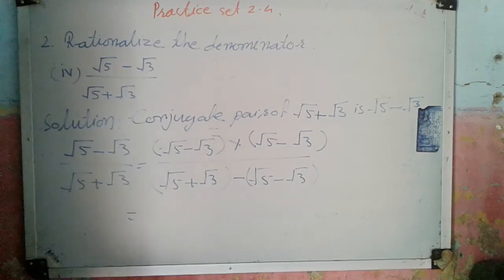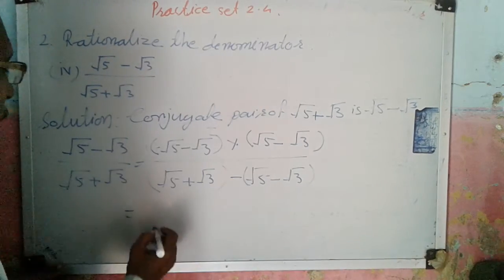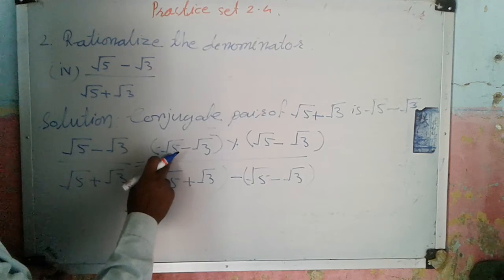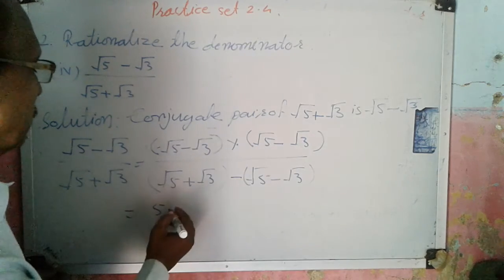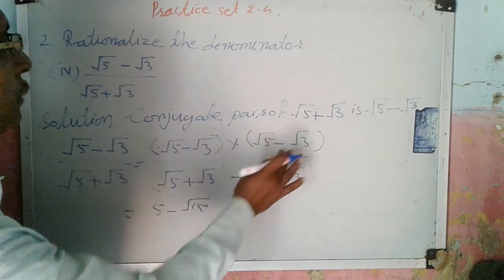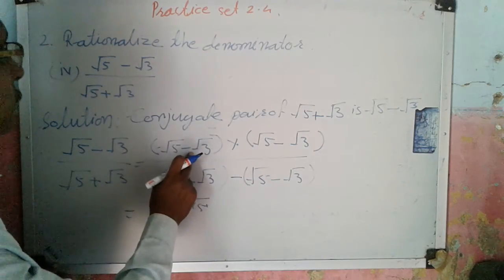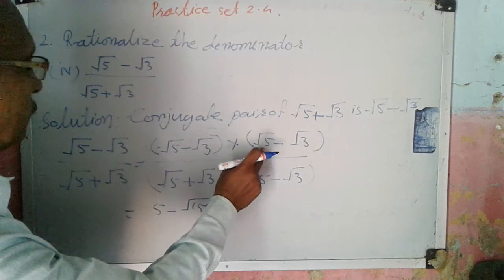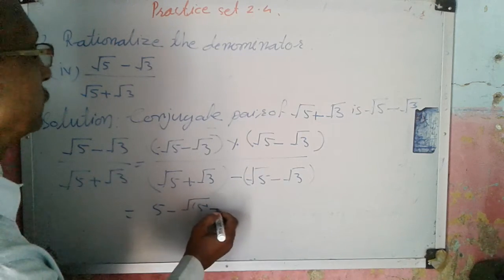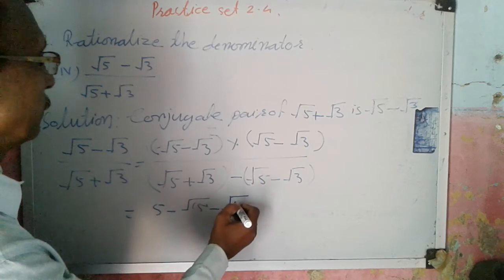Now the product in the numerator. Root 5 into root 5 we get 5. Root 5 into minus root 3 we get minus root 15. Minus root 3 into root 5 we get minus root 15.